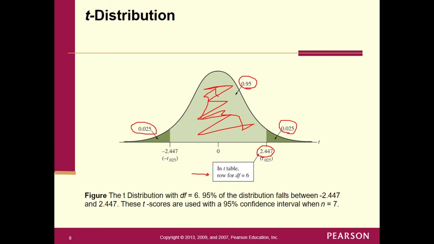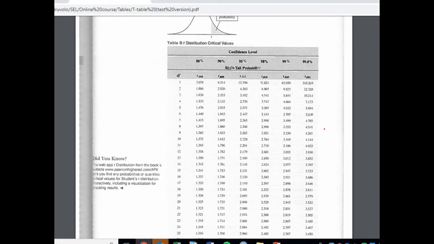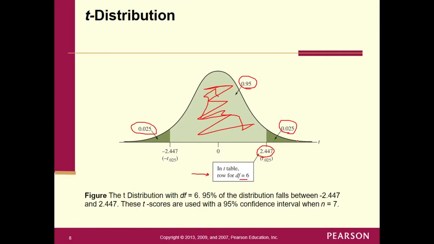Well, let's go take a look. So degrees of freedom of 6, 95% confidence interval. There you go. There's your 2.447.